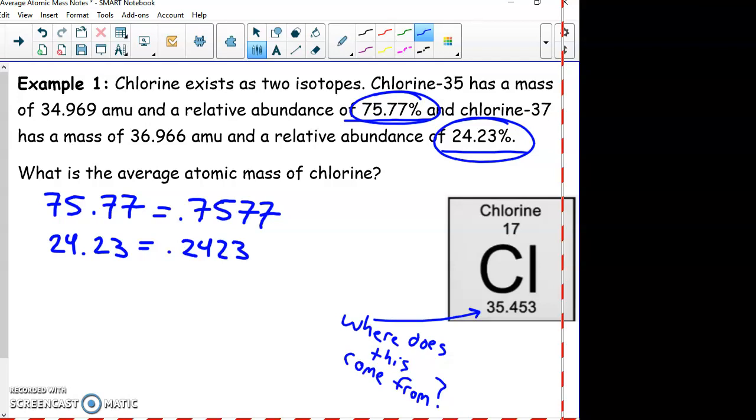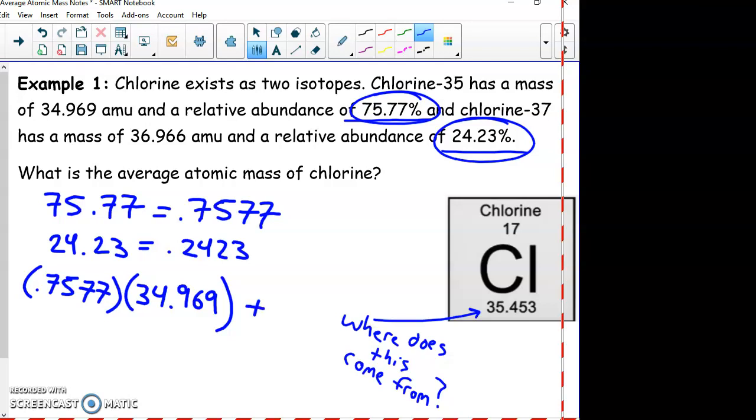So for that first one, we're going to say 75.77% of all the chlorine in the universe exists as this mass, 34.969. So this means 75.77% comes from this mass. It's not the only thing, though.